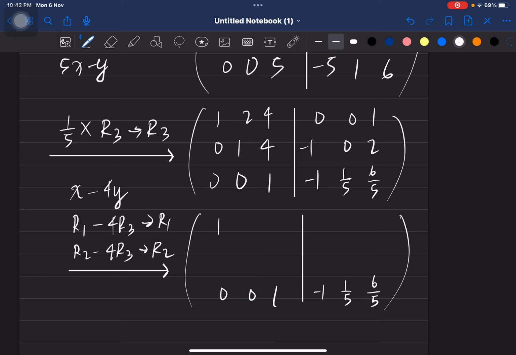Next one, 2 and 0. You get 2. 4 and 1. 0. That's what we want. 0 and -1. Don't type in the wrong row. X is row 1. Y is row 3. Be careful with all this. -1 and 6 over 5. -19 over 5.